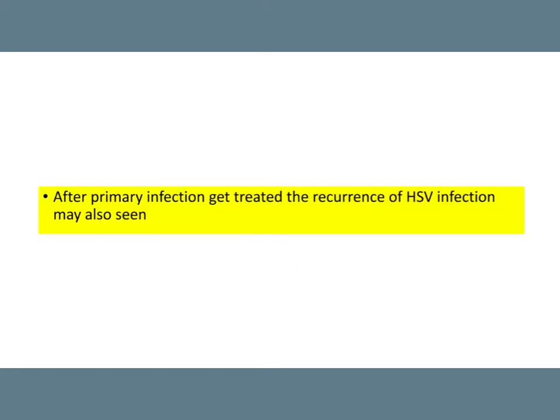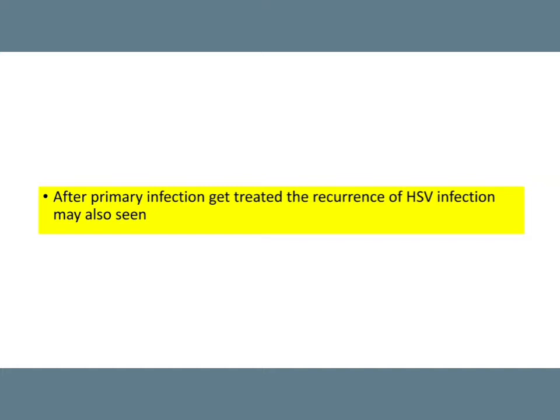After primary infection, there are two types of infection of herpes simplex virus. One is primary infection, another is recurrent infection. Primary infection is seen in patients who are more than 6 months of age, and it means the patient is freshly infected by herpes simplex virus.